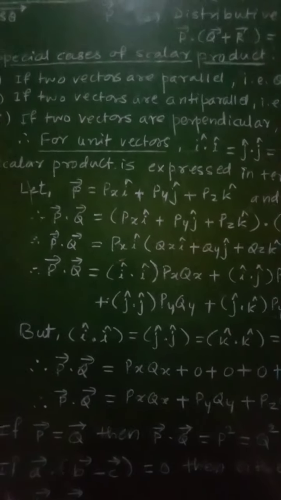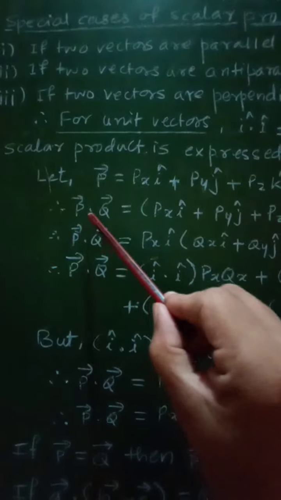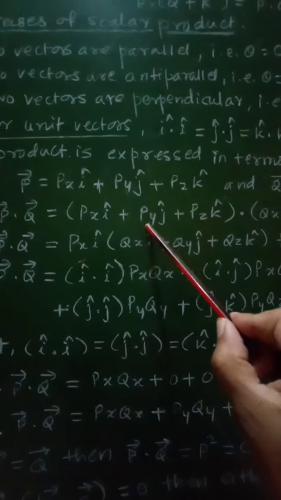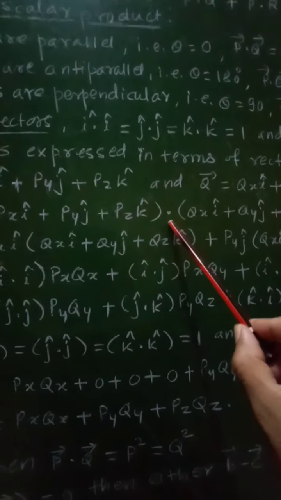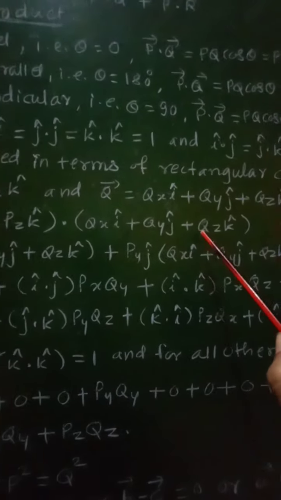Now let us consider the scalar product, vector p dot vector q will be equal to px i cap plus py j cap plus pz k cap dot qx i cap plus qy j cap plus qz k cap.